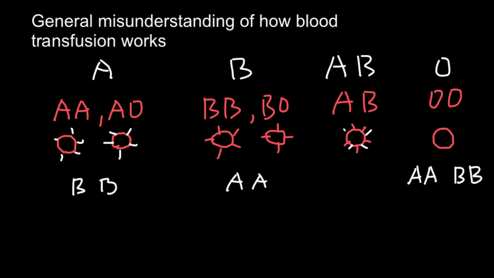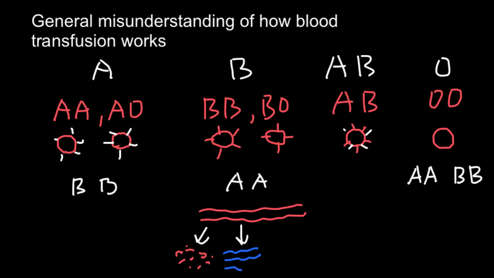Basically, our blood consists of many components. One of them is red blood cells. This is the main component of the blood. This is why our blood is red. Another component is the liquid portion of the blood, which we call plasma. And plasma is basically water, sugars, salts.